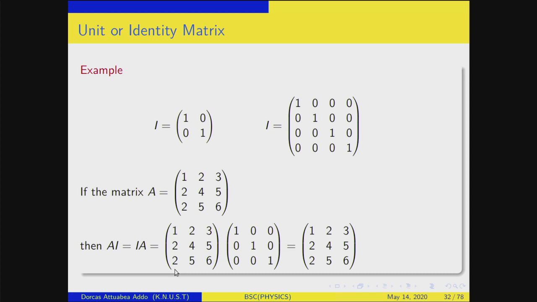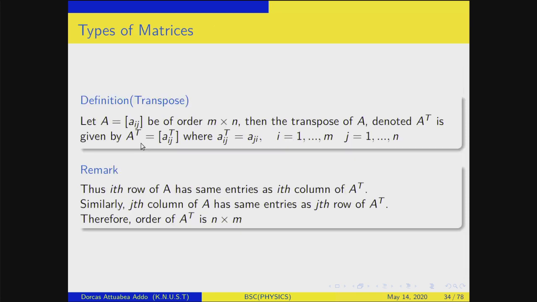Okay. Transpose. If I have a matrix A of order m times n, then the transpose of A, denoted A exponent t, is given by this. So this is the order m by n.